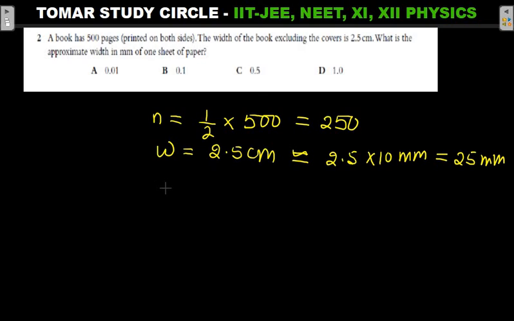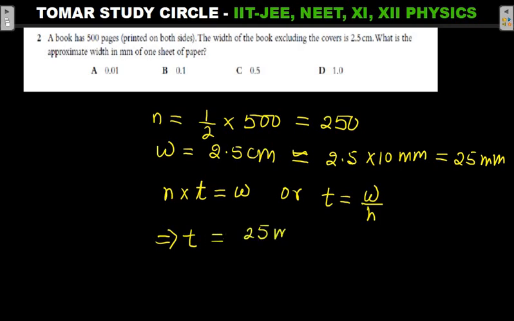Then we can write the number of sheets multiplied by the thickness of one sheet of paper T will be equal to the total width of the book W, or we can write T equals W by N. Hence, T equals W, that is 25 millimeters, divided by N, that is 250.